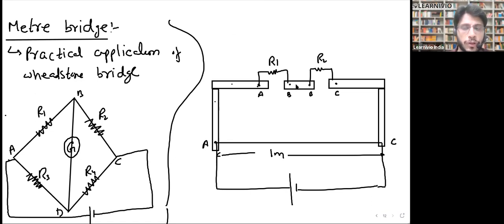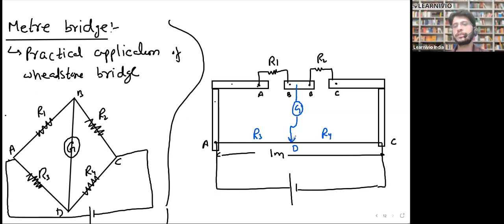Next, we connect this with the galvanometer, and we put the galvanometer here. So this is your point B, and this is your point D now. The resistance to the left is R3. The resistance to the right is R4.